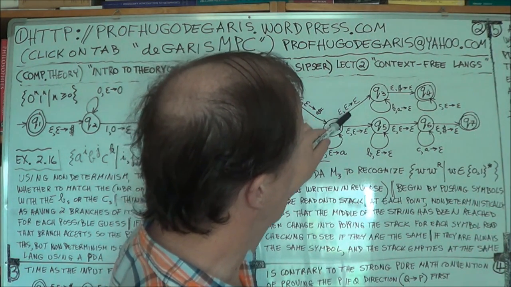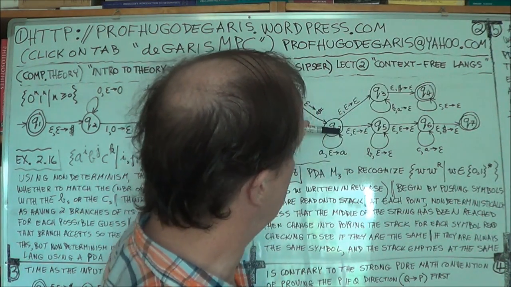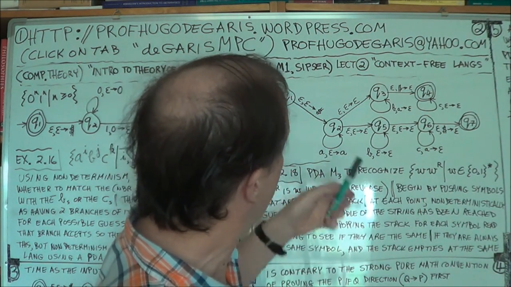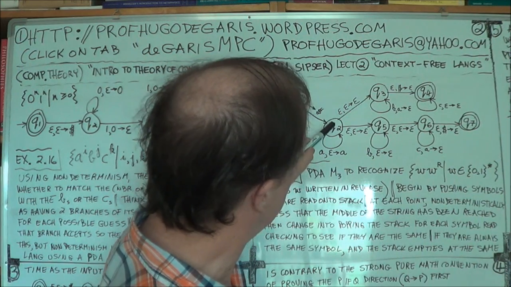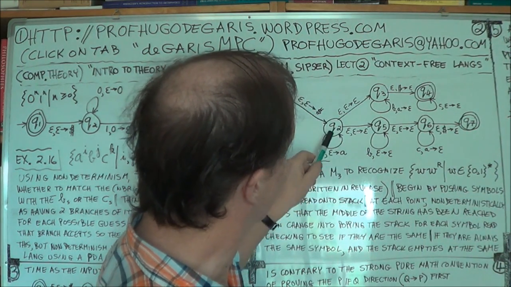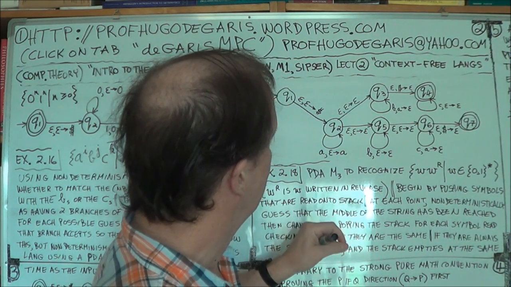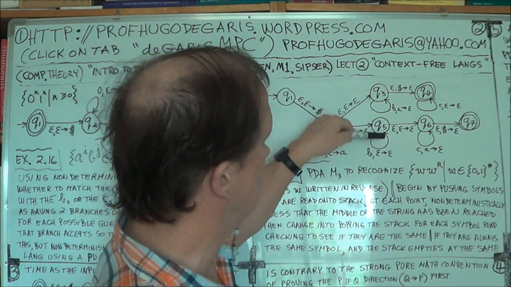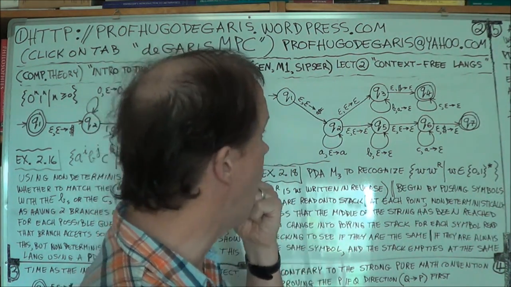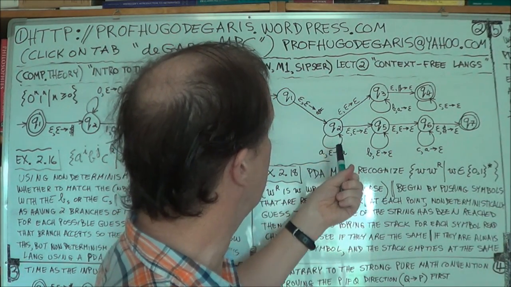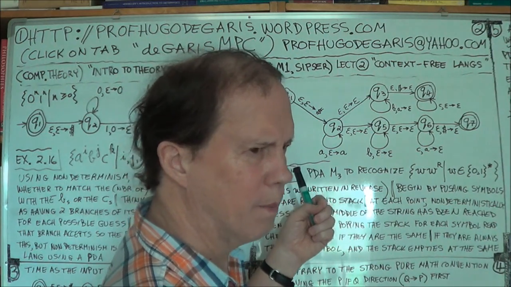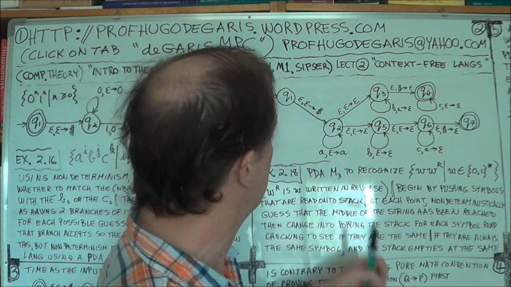So this branch checks the number of A's and B's is the same, and this branch checks the number of A's and C's are the same. And at this point, you make a non-deterministic split. So you make two copies and so on. And you'll keep doing that at each step, I think, non-deterministically.